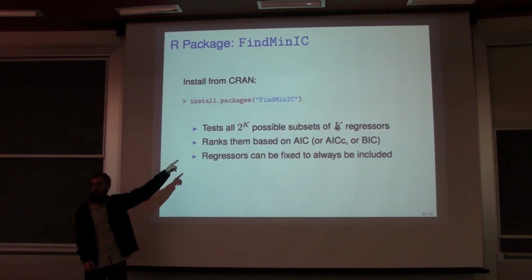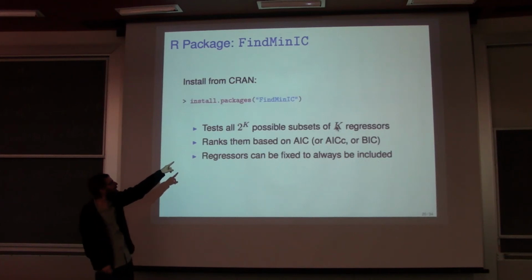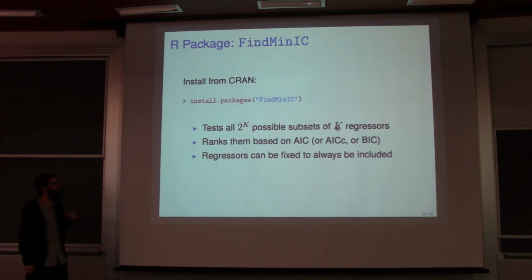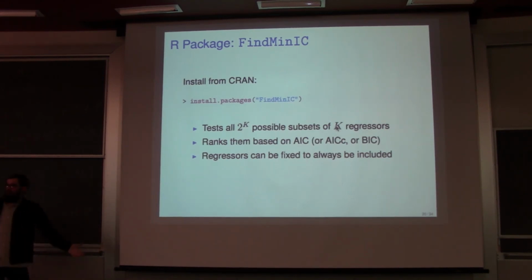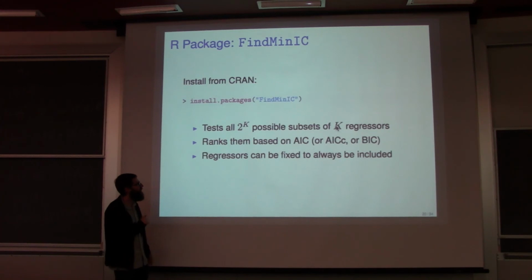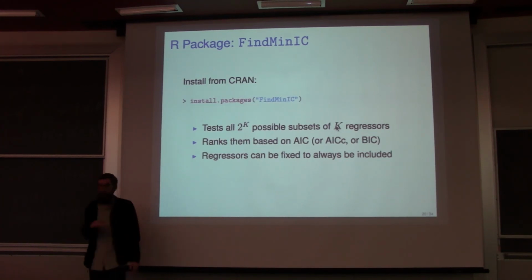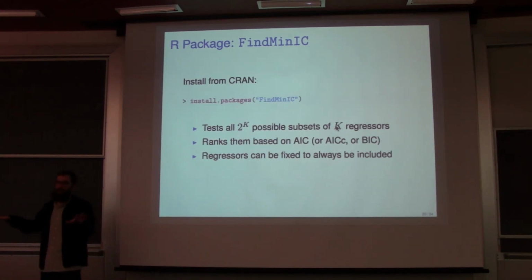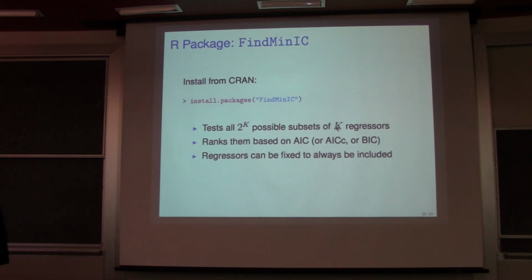It's actually a package that my research group wrote, and it's on CRAN. You can go through all possible models. Don't do this if k is like 100, your computer will freeze. But if your k is like 10 or 15, it's probably fine. It's going to pick the absolute best AIC that you can get with any possible combination of variables.